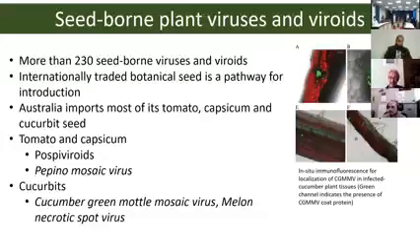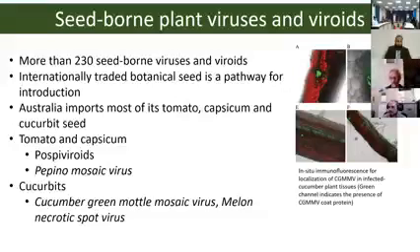Australia imports most of its tomato, capsicum, and cucumber seed. Therefore, in tomato and capsicum, we have different viroids, and in tomato we have a serious pepino mosaic virus. This is a new virus which appeared in tomato in the last 20 years.